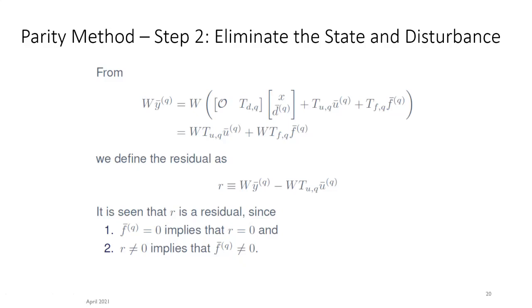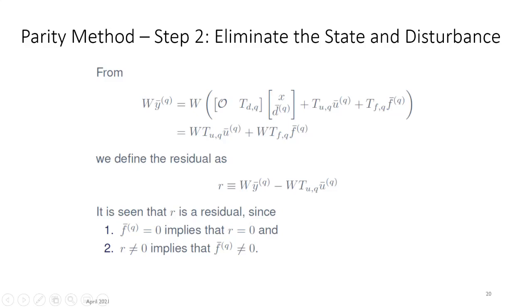But the concept should be clear now. The main trick we used: we wrote this matrix, and then we found W in the left null space of that matrix such that we can remove, or eliminate, that term.